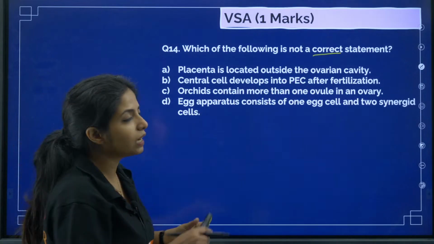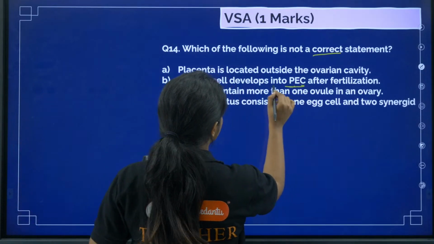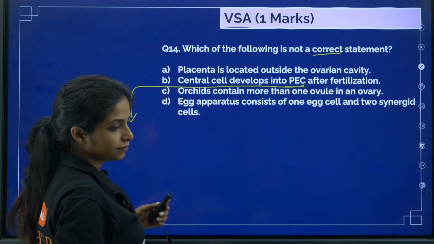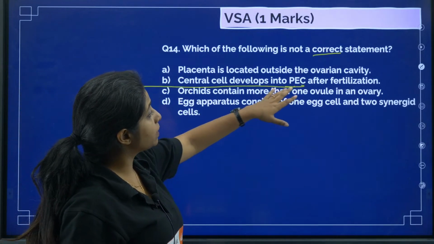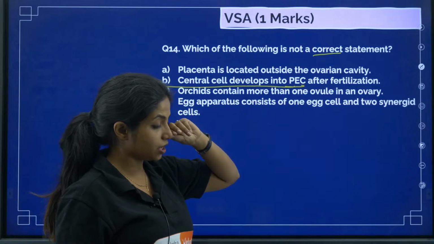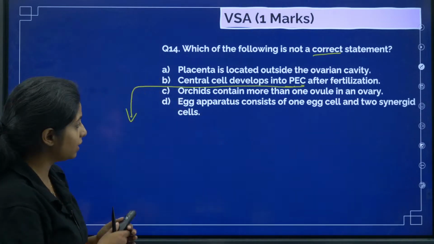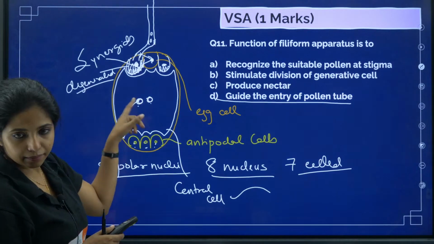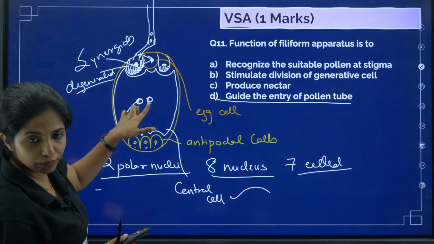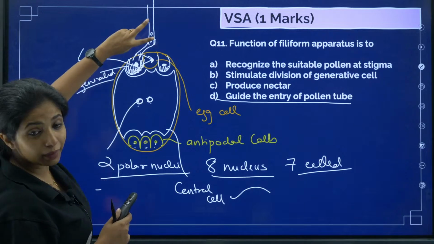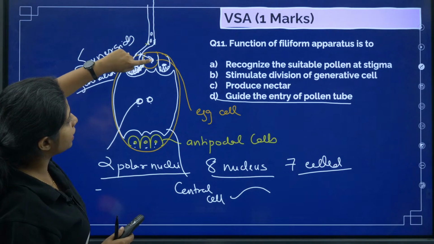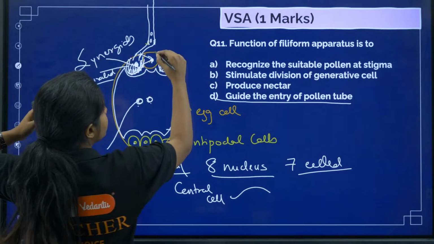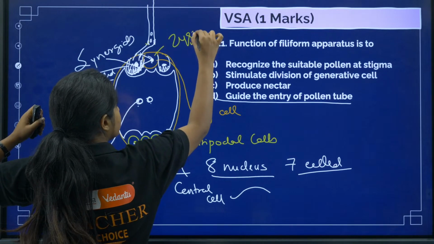Central cell develops into PEC. What is PEC? Anyone who knows PEC's full form? Central cell develops into PEC after fertilization. Basically, this is the central cell which has 2 nuclei. I told you 2 male gametes come. One male gamete fuses with the egg cell, and you get the zygote.